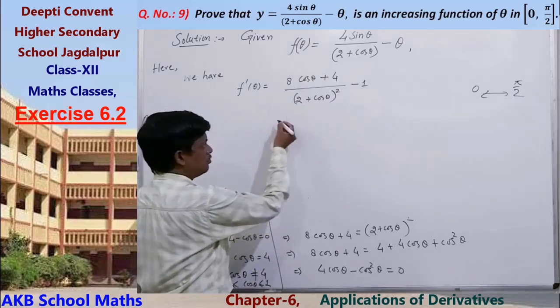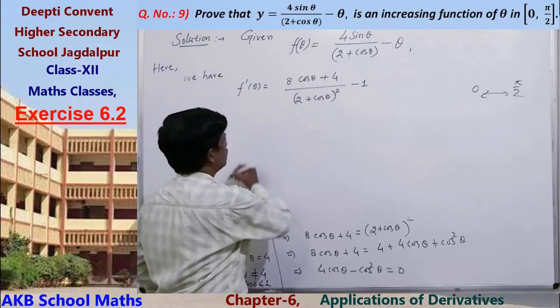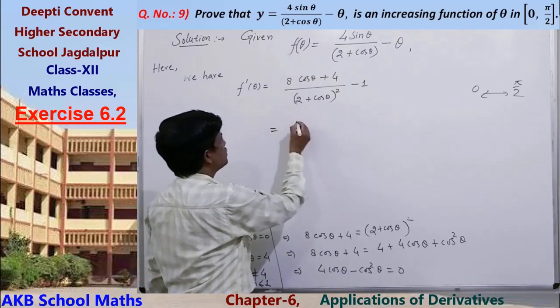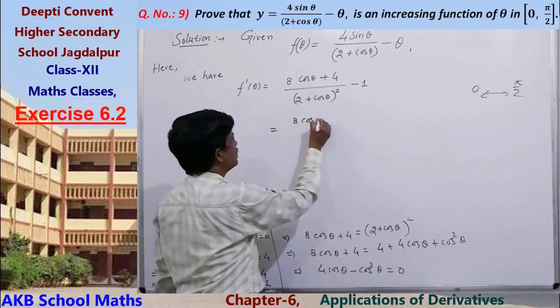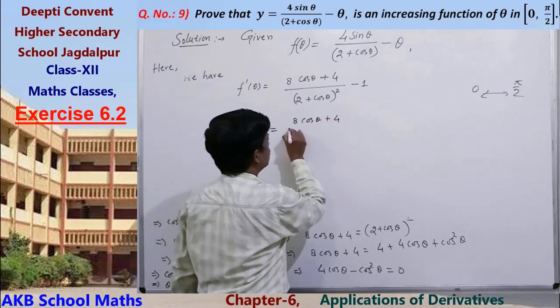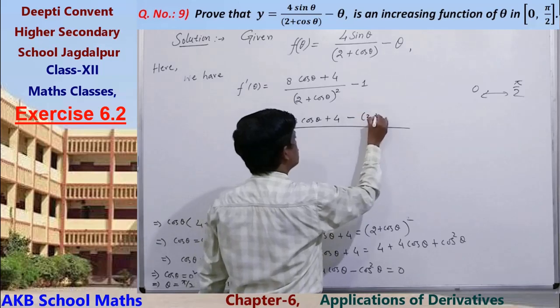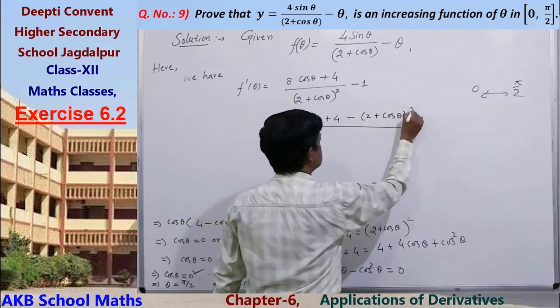Okay, so for that just solving it, taking LCM. So 8 cos theta plus 4 minus (2 plus cos theta) whole square, upon (2 plus cos theta) square.